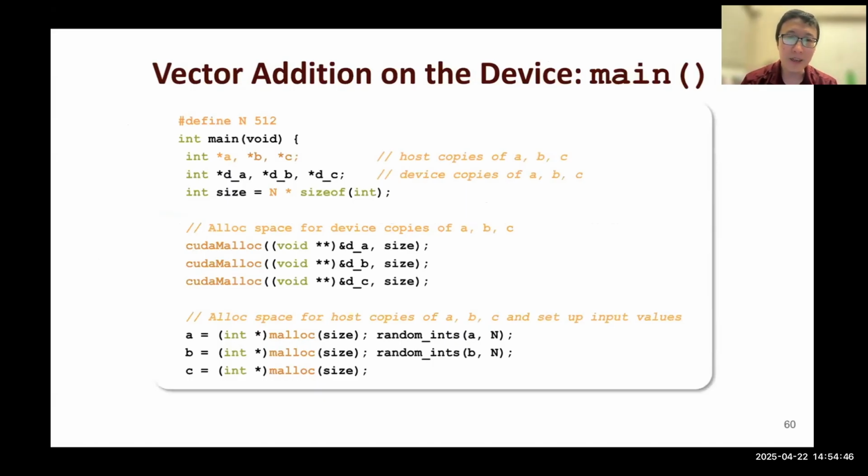The size is simply 512 times the size of an integer, which here is, for example, 32 bits, so 4 bytes. Then you allocate that many bytes for the device memory, and exactly the same for the host memory. So we're not doing unified memory allocation yet. We'll learn how to do that later on.